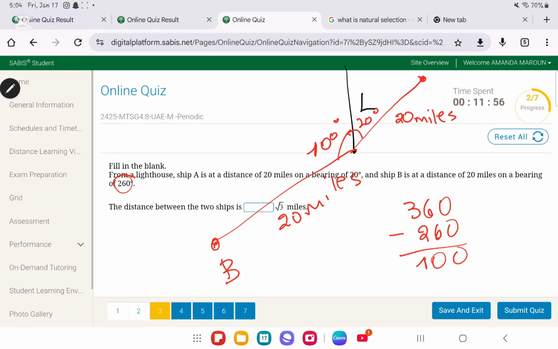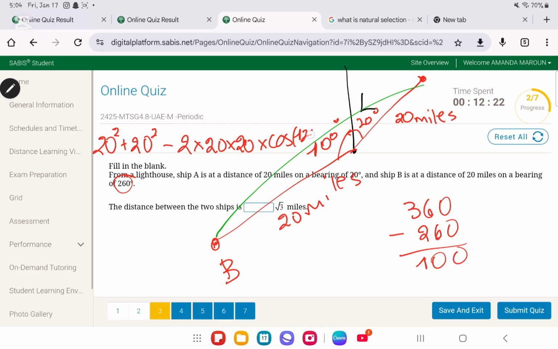They need us to find the distance between the two ships. Very simply, we are given two sides, the angle between them, and we need to find the side opposite to the angle, so we apply the cosine rule. It's going to be 20 squared plus 20 squared minus 2 times 20 times 20 times cosine of the angle between them, which is 120.